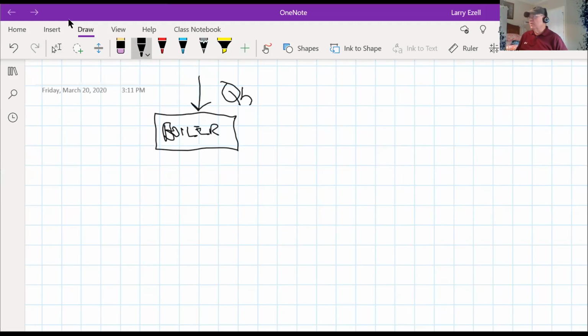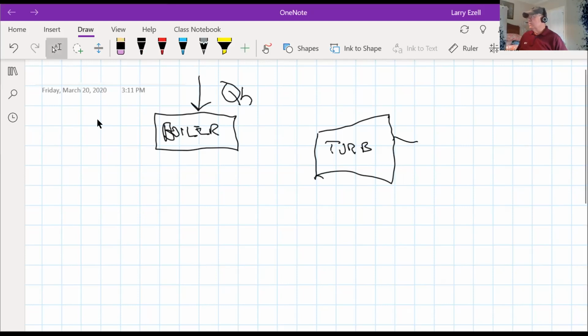Now we go over to the turbine. Try to draw it the way I usually do with expanding sides. This is the turbine. So we have the shaft here and we have power coming out of it, driving a generator.